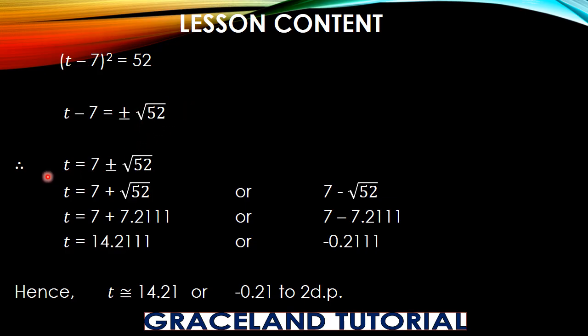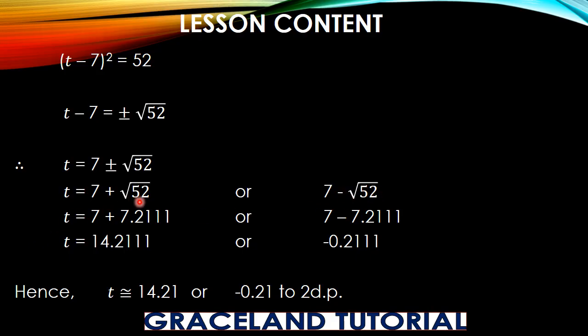Which means t will be equal to, this minus 7 moves to the right-hand side, and that will give us positive 7. So t will be equal to 7 plus or minus the root of 52. So t is equal to 7 plus the root of 52, or 7 minus the root of 52.